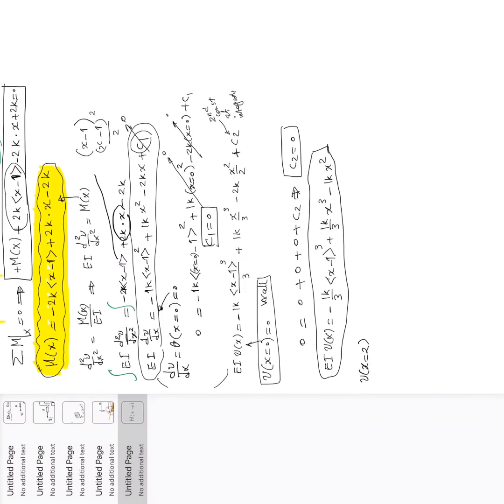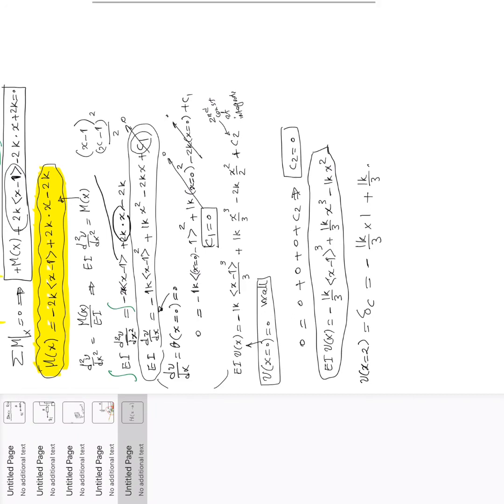So you get the deflection at point C, which is v at x equals 2, equal to negative 1k over 3. Instead of x, put 2: 2 minus 1 is 1, Heaviside 1 is just 1, to the cube, so it's 1, plus 1k over 3 times 2 to the third power, minus 1k times 2 to the second power.